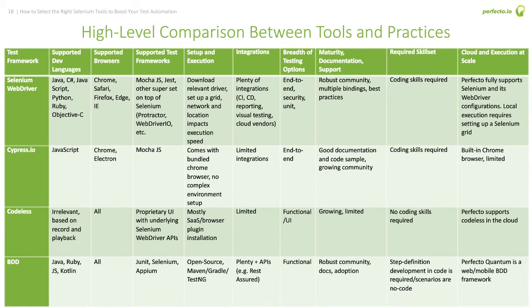Then I looked at the supported development languages, the skill sets required to operate these frameworks, the browsers supported by the frameworks, the test frameworks supported by the tools, the setup and execution capabilities, integrations, what kind of testing types these tools are best associated with, the maturity of the tools, the skill set that is kind of an aggregation of many of the things prior to this column, and also the execution at scale. If you want to burst and scale up your execution, what kind of options do you have?